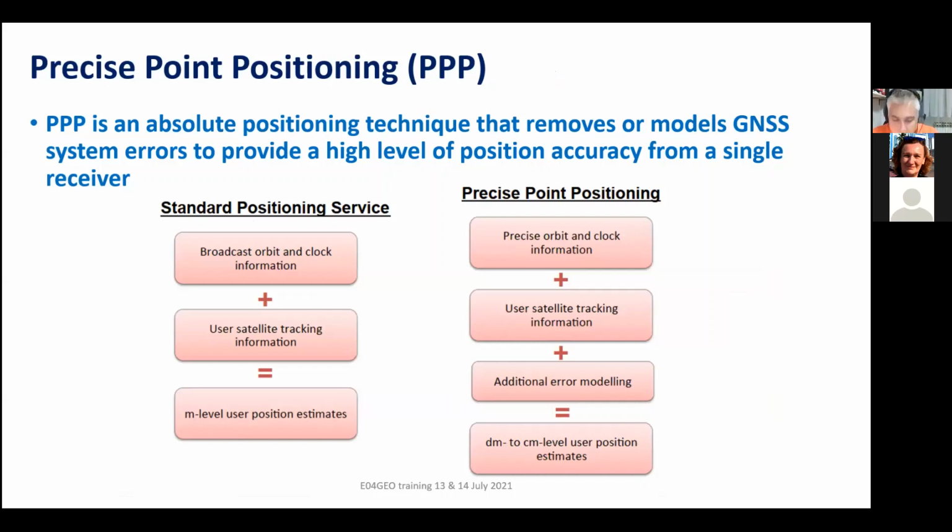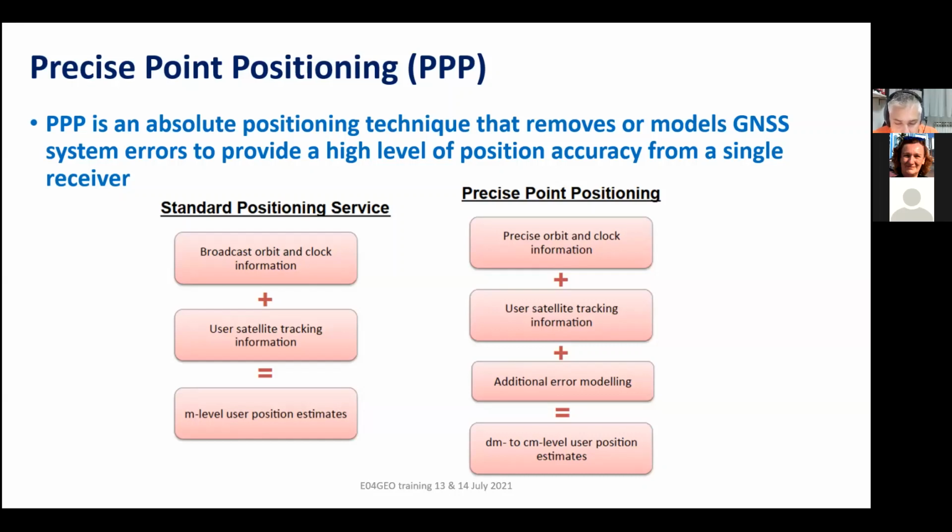So let's see what PPP, the precise point positioning, is. It is an absolute positioning technique, as you saw in the previous slide, that removes or models GNSS system errors to provide a high level of positioning accuracy from a single receiver.